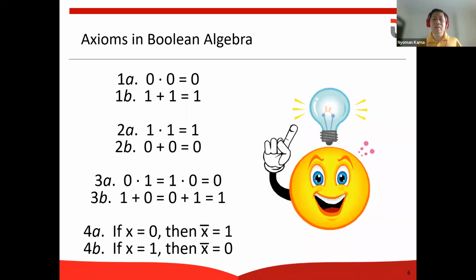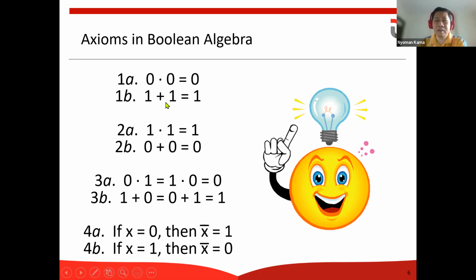First one is we need to understand the Boolean algebra axioms. The first one is 0 times 0 is always 0, and 1 times 1 is always 1. So false times false is always false. True plus true is always true. And 1 times 1 is 1, 0 plus 0 is 0. Well, it's just like basic mathematics.